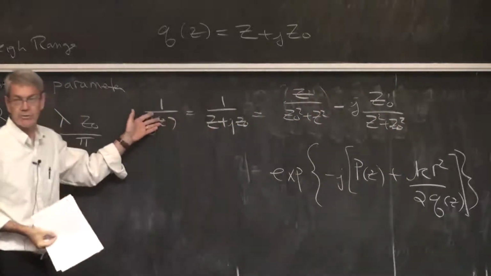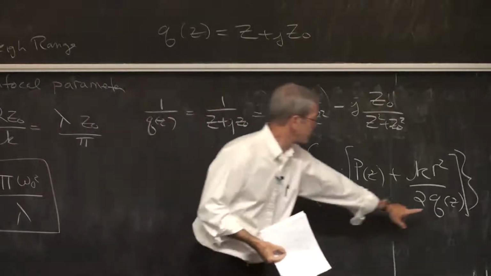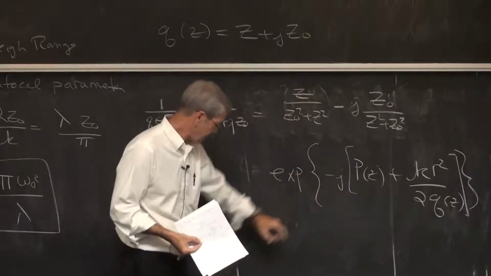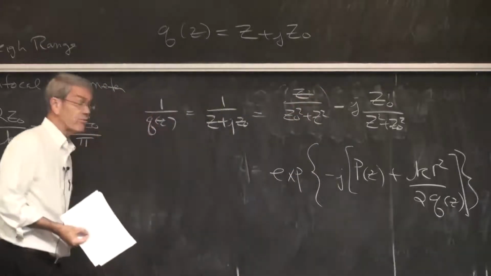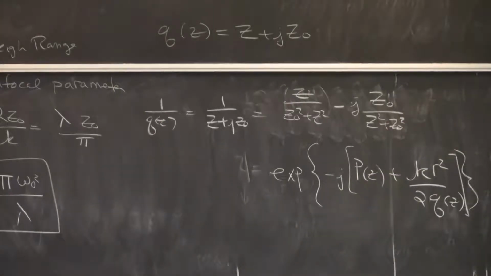Just simple complex, putting the real and imaginary terms. I'm going to replace this 1 over q of z with this. I'm going to write it into that, and we're going to ignore p of z for a while. So what we get when we do that is a more full description of what the field looks like everywhere according to this silly analysis we've done.